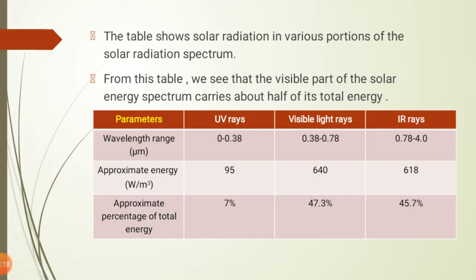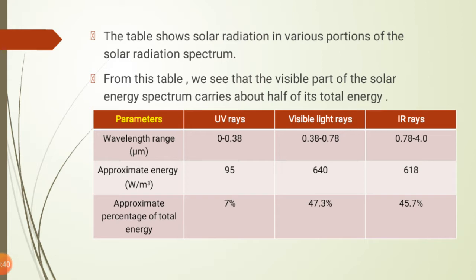Now the table shows solar radiation in various portions of the solar radiation spectrum, particularly UV rays, visible light rays and IR rays, and this is shown in this table.